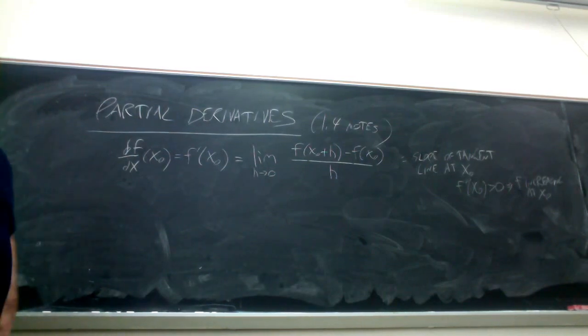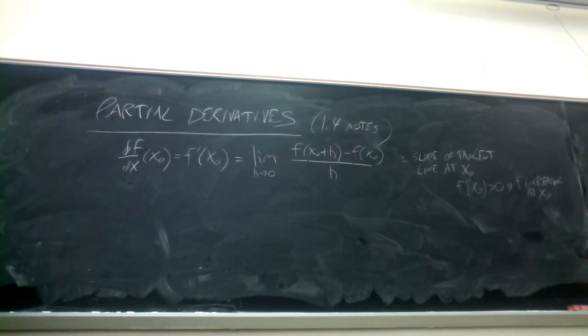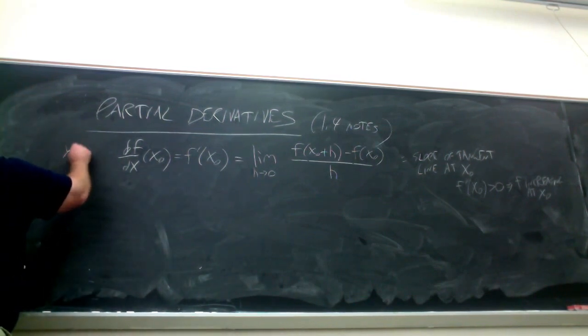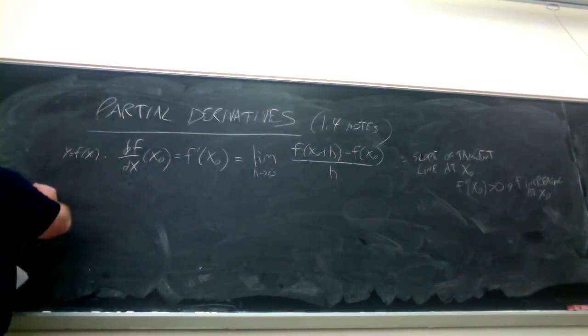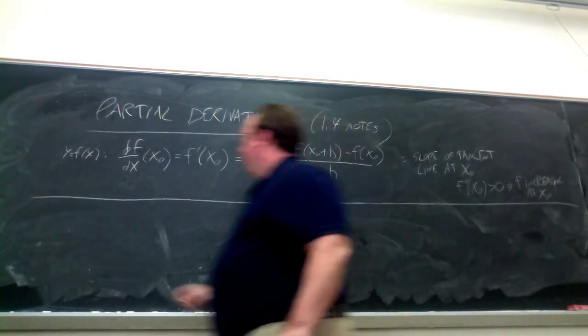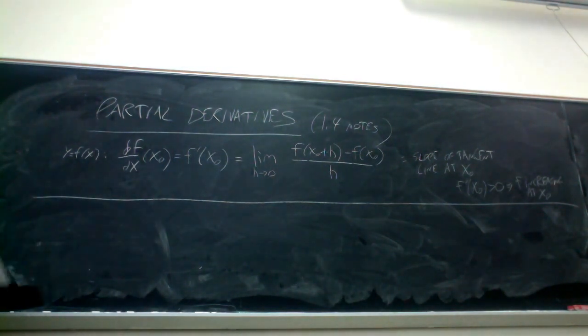Okay, so I'm going to do the simplest generalization we can have for going to multivariable land. So this is for y equals f of x. Technically this course is about functions of any number of variables, so most of the time it'll be functions of 2 variables or 3.